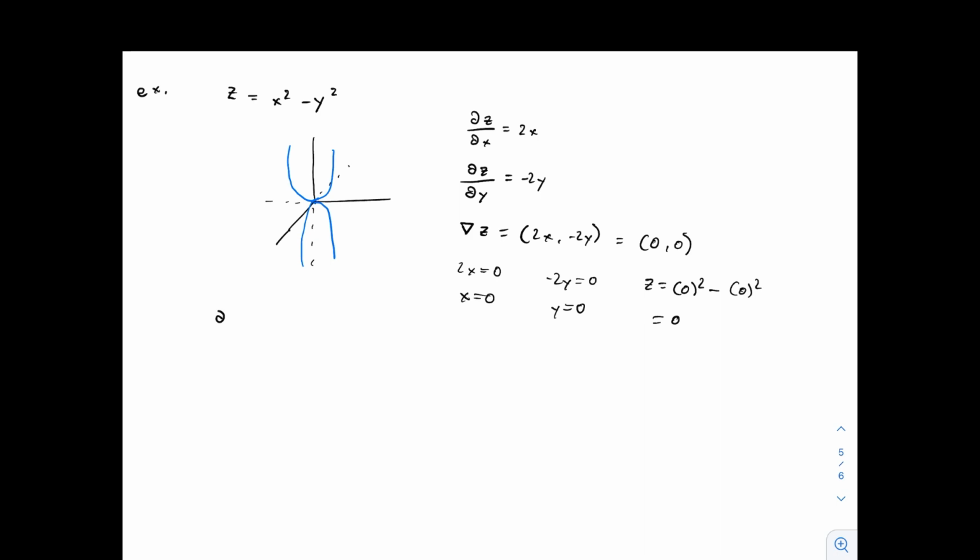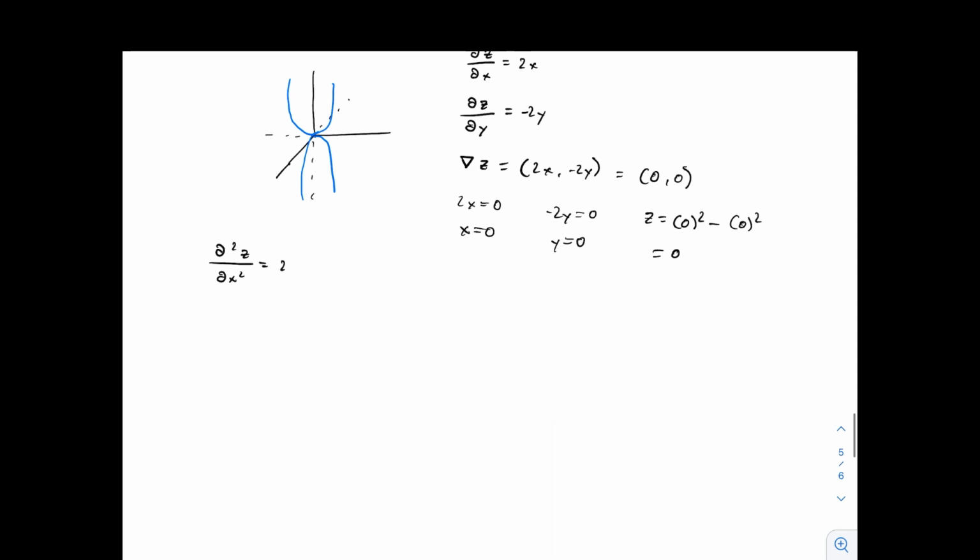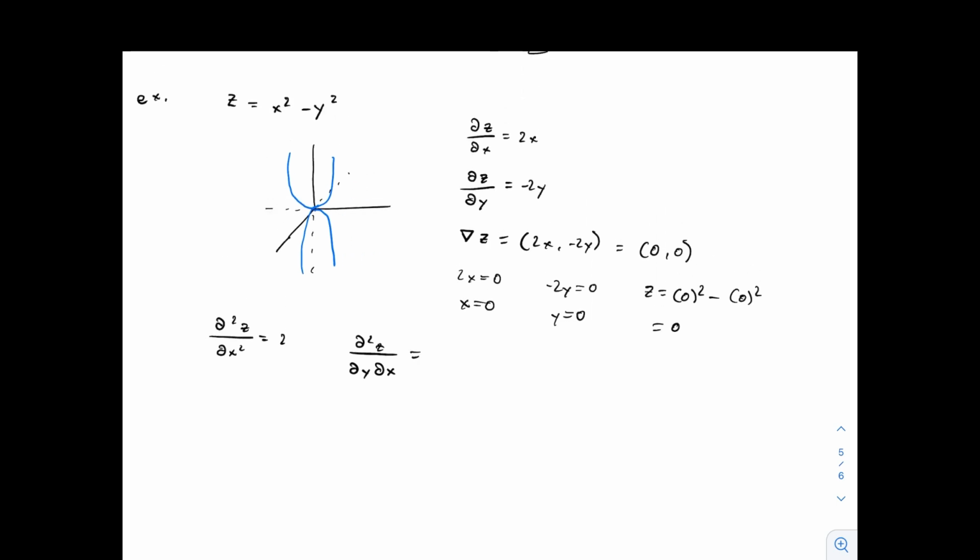Taking the next step, we look towards our second derivative, right? So d squared z dx squared is 2. D squared z dy dx is 0. D squared z dx dy is also equal to 0. And finally, d squared z dy squared is negative 2.